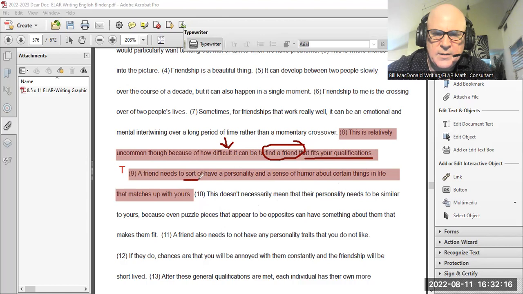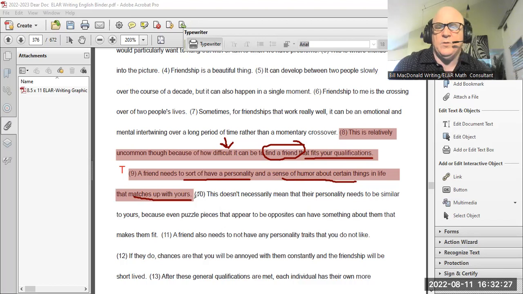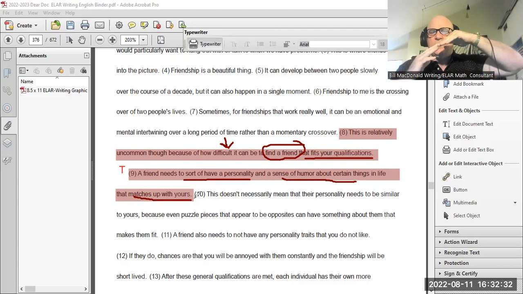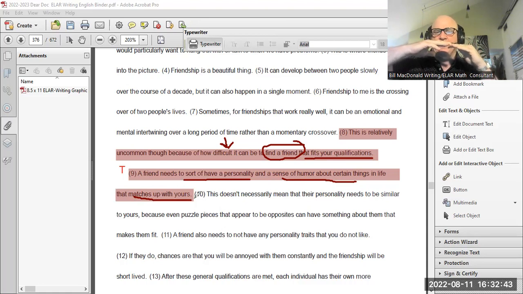One idea, they need to have a personality and a sense of humor about certain things that matches up with your own, that's close to your own. Okay. So as I check it, just keywords, it's hard to find friends that meet our qualifications. They have to have a personality and a sense of humor that matches our own. So let's see which one does the best on that.